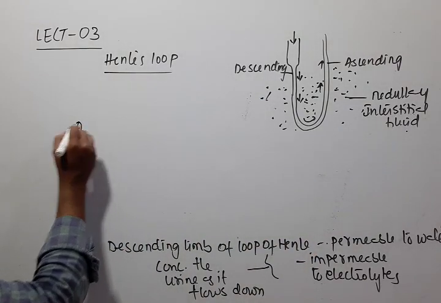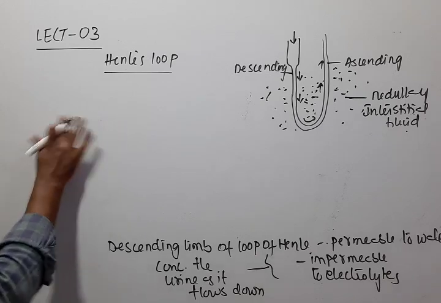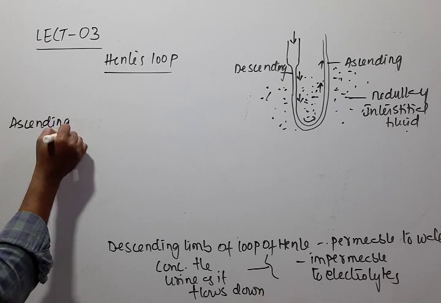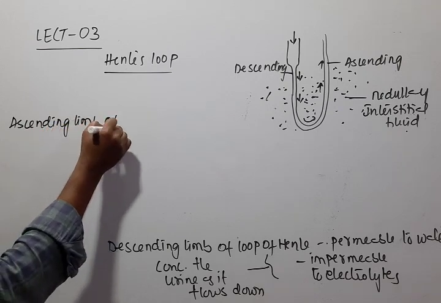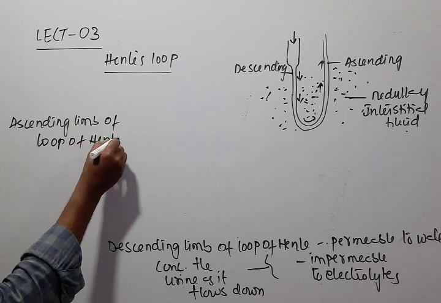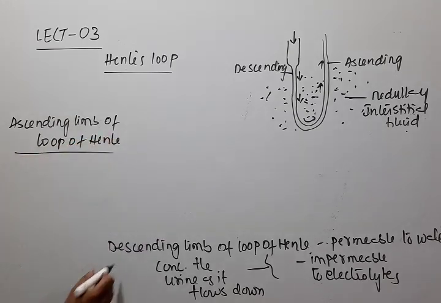So the ascending limb of loop of Henle is opposite to the descending limb.